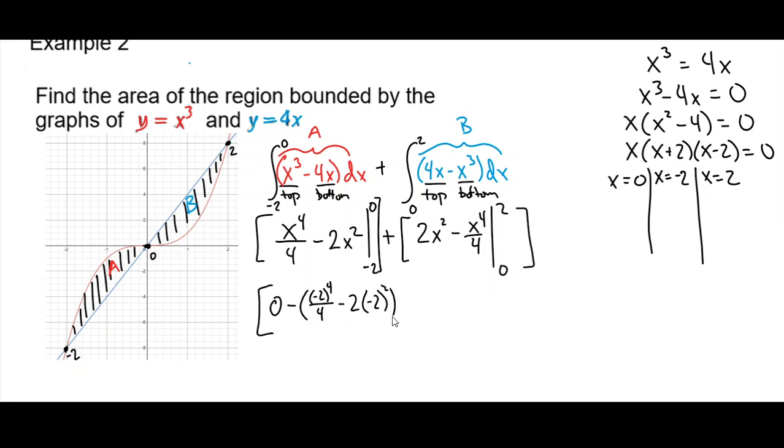Plus, we do the same evaluation over here, plugging in a 2: 2 times 2 squared minus 2 to the 4th all over 4. But this is being subtracted by the same function evaluated at 0, which is 2 times 0 squared, which is 0, minus 0 to the 4th over 4. That's just 0 still, right?